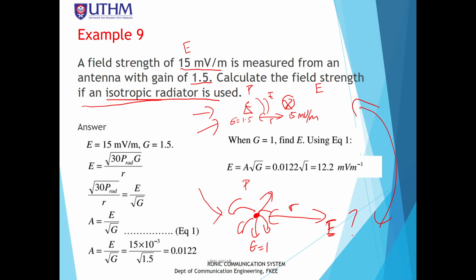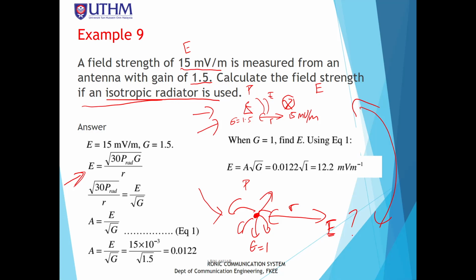Based on the E field, E is equal to square root of 30 times P radiation times G. In this case it uses P radiation, multiplied with G. So this is the general equation for the E field.